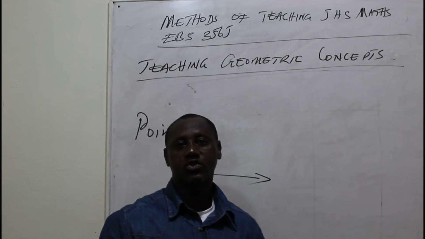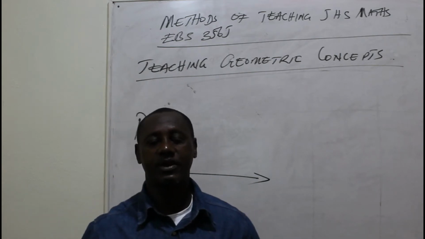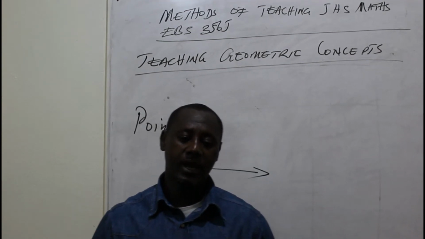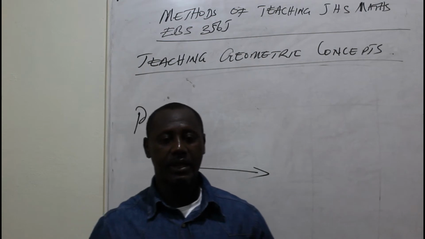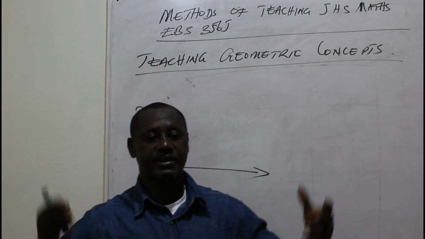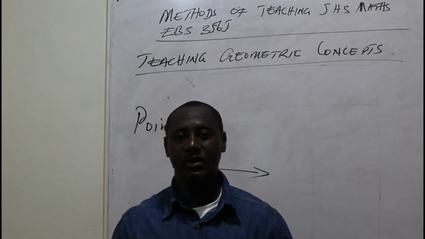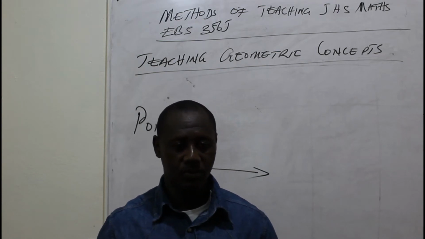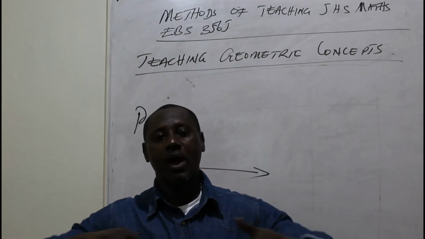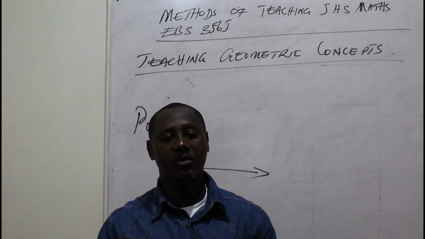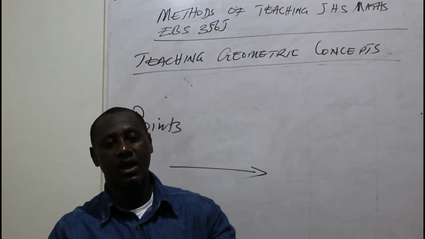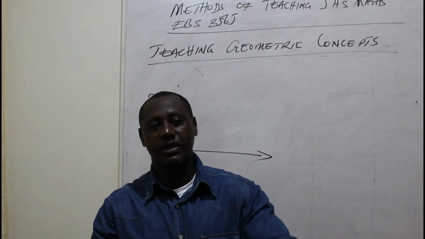And points are so important as far as geometry is concerned. Normally, if you look at even the way communication masts are located, they are not just located anyhow. They consider the fact that the people around that environment will have access to network. Therefore, let's put this mast at this point.